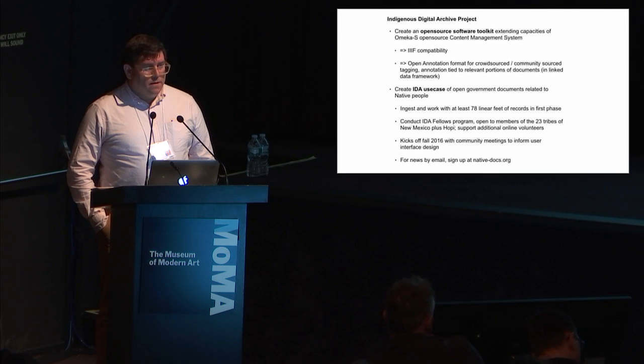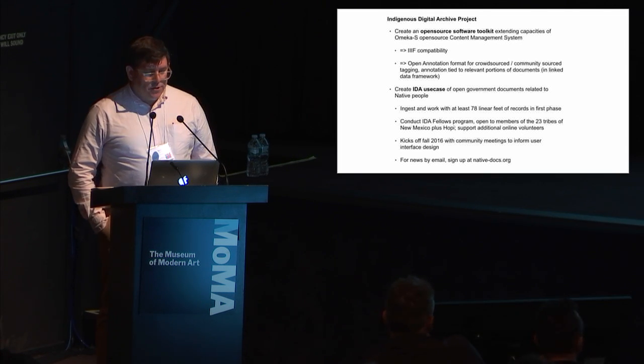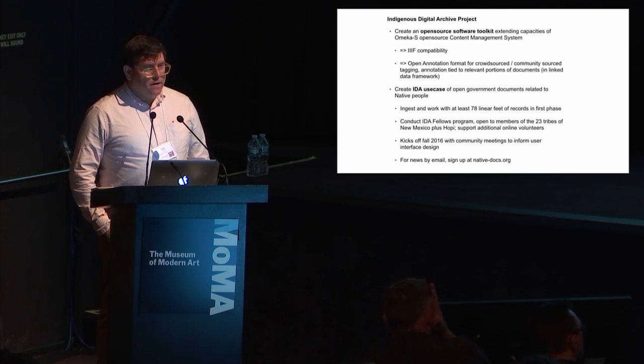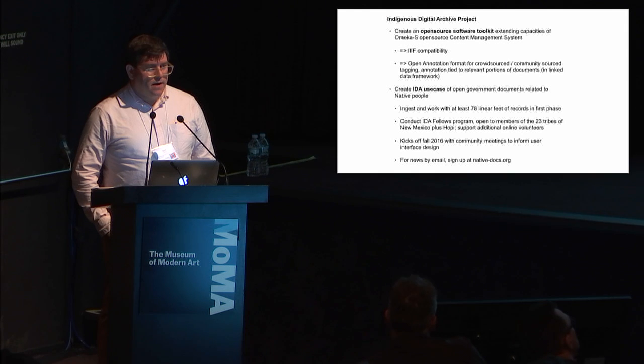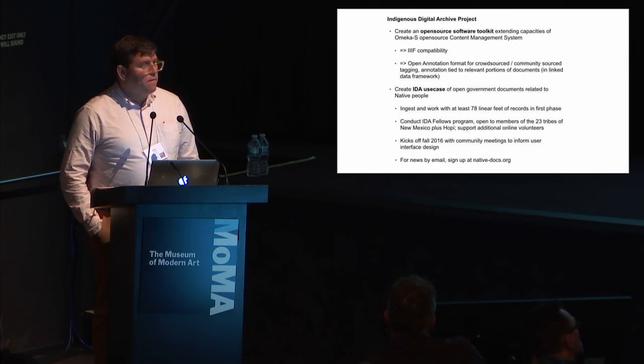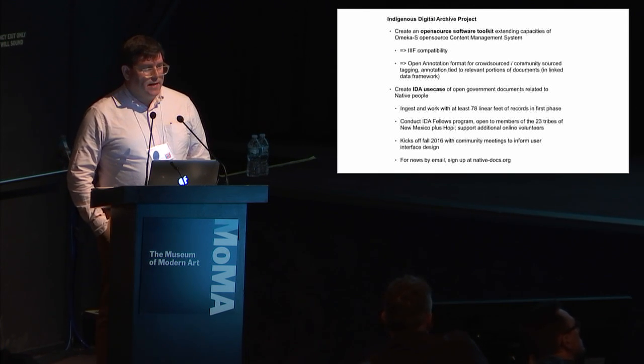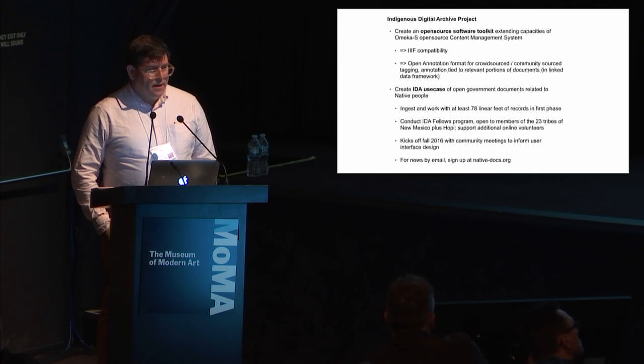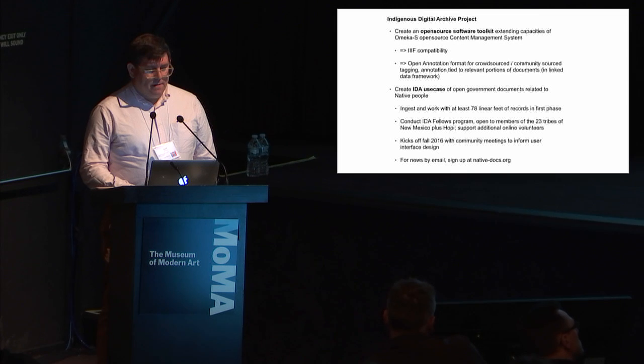So overall, in terms of the Indigenous Digital Archive project, the goals right now are to create an open source software toolkit extending the Omeka S content management system, providing IIIF compatibility and support for open annotation, and to develop a use case of open government documents related to Native people.